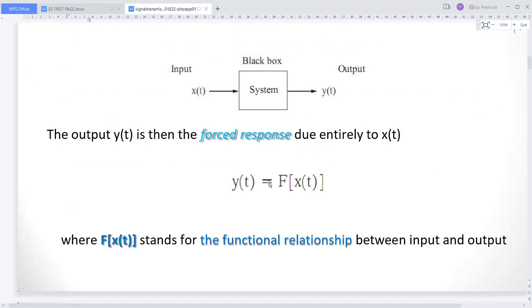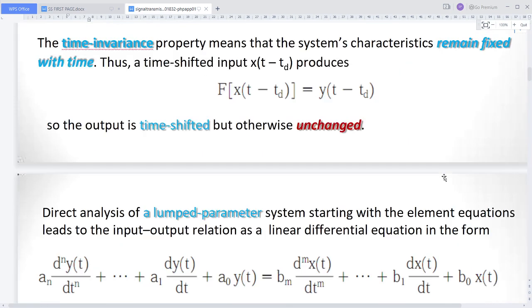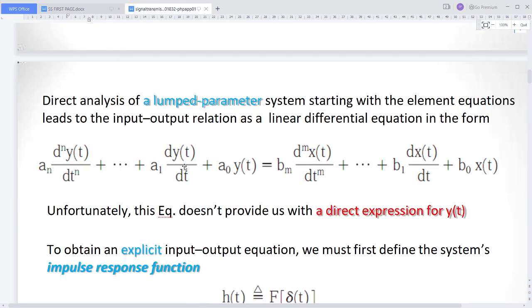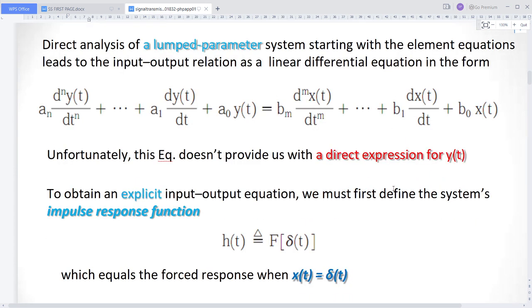Y of t is some functional relationship applied on x of t, and here y of t is associated with the differentiation, so unfortunately this equation doesn't provide us with a direct expression for y of t. To obtain an explicit input-output relation, we must first define the system's impulse response.